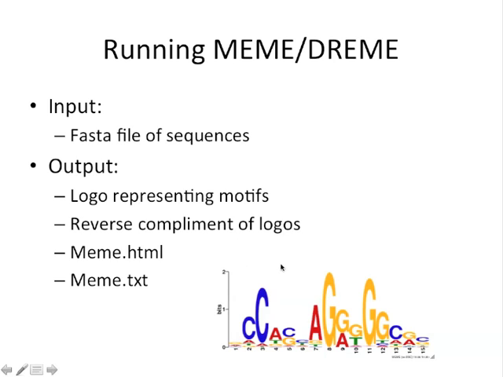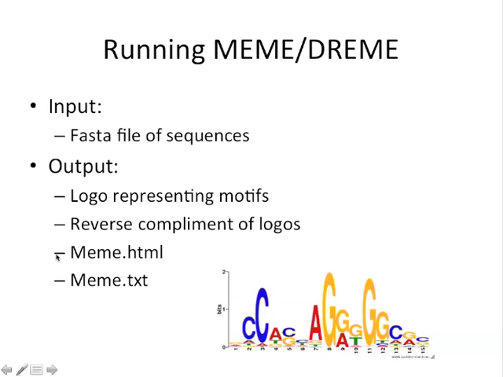It also outputs the reverse complement of your logo, so don't be discouraged if, when you look at a logo, it's actually not the right one, because it might just be the reverse complement. And so those logos are also contained. Probably the most important file, I would say, is this meme.html file.